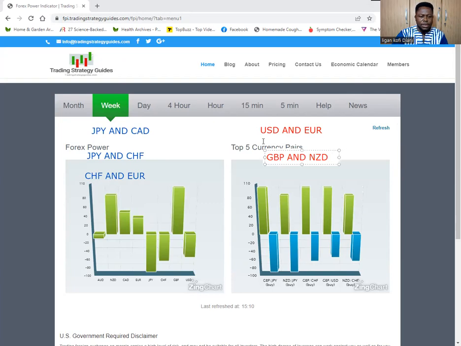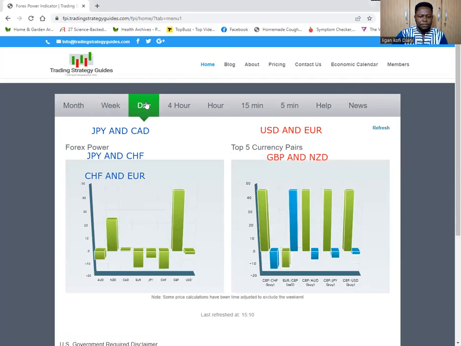And then we go to the daily. On the daily, we have GBP again, GBP and NZD. Okay, that's good.